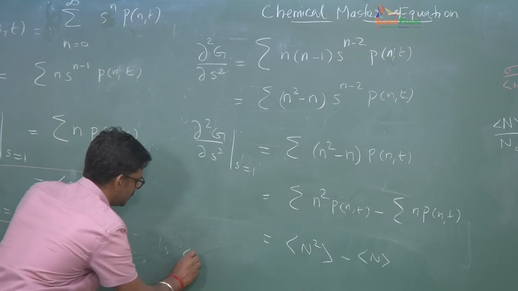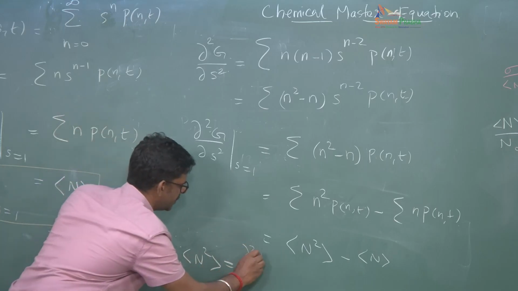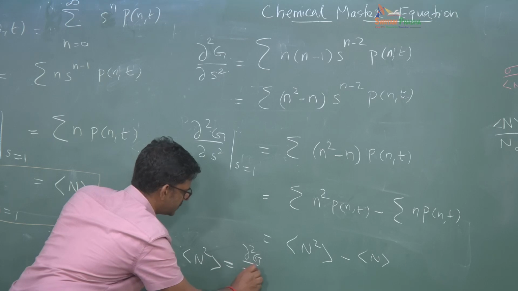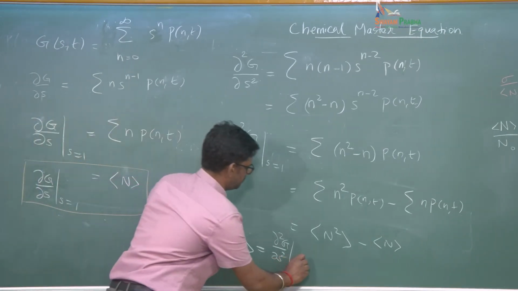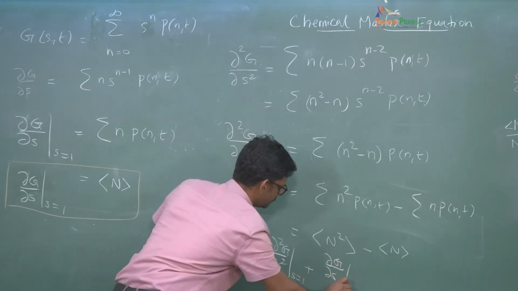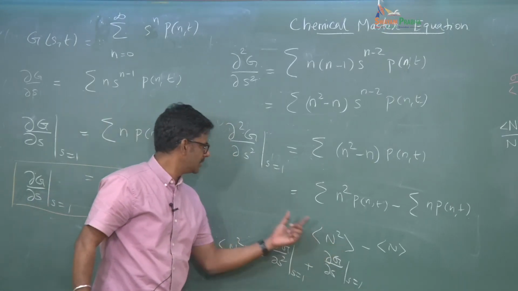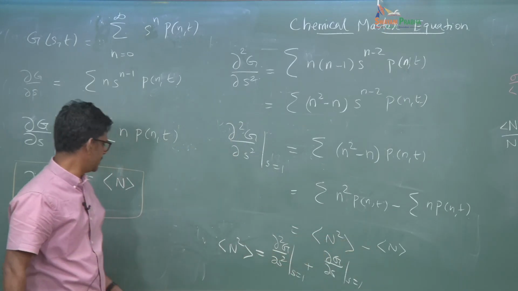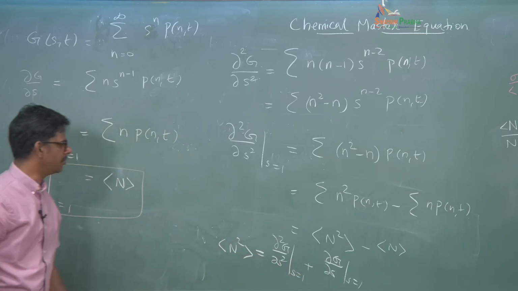So that is, mean square is equal to the second derivative of g with respect to s calculated at s equal to 1 plus the first derivative. So for this term plus this term, and this term is nothing but the derivative of g with respect to s at s is equal to 1. Okay. We got both of this.